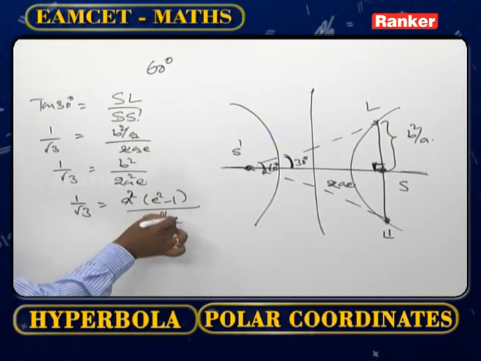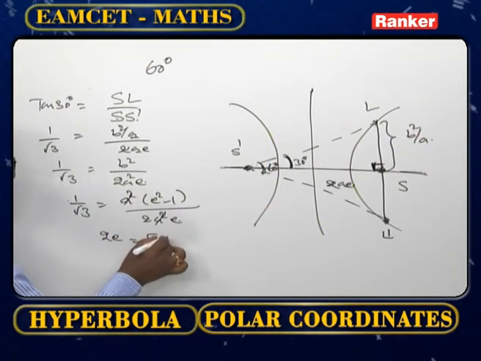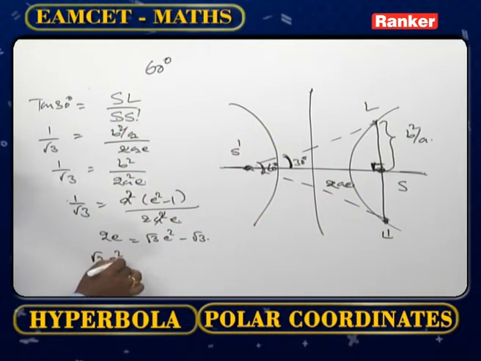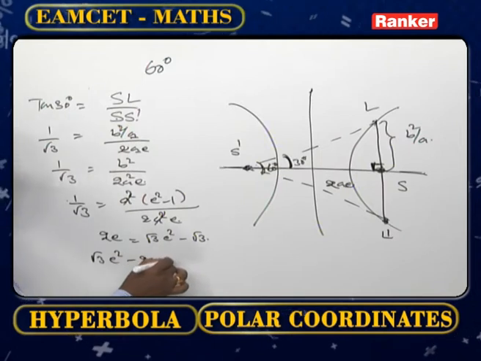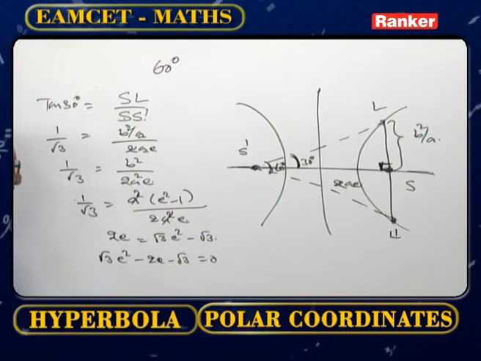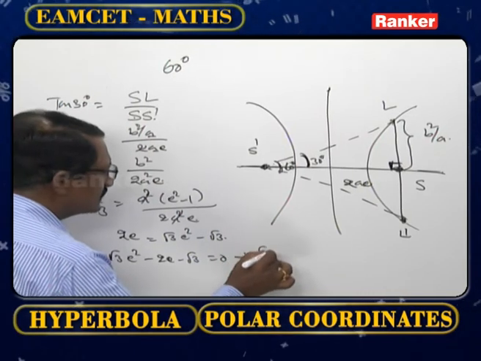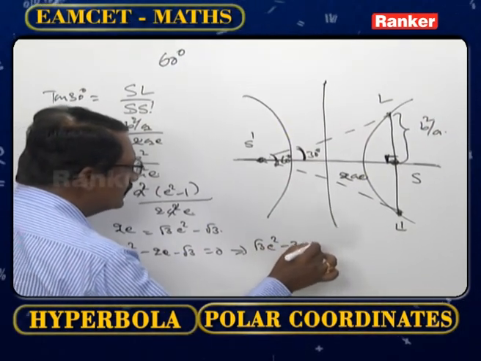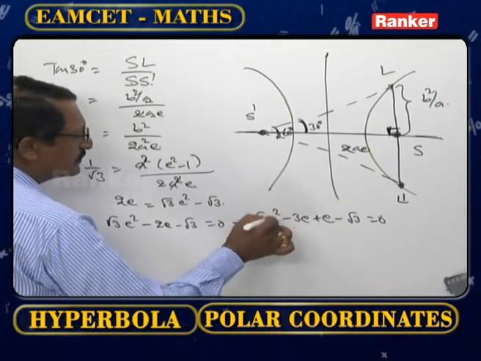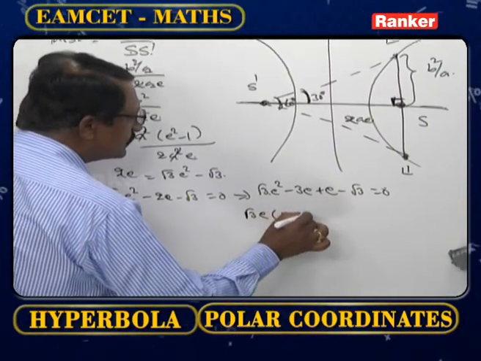Now, a square cancels, by cross multiplication we get 2e equals root 3 e square minus root 3, or root 3 e square minus 2e minus root 3 equals 0. Now, by factorization we get root 3 e square minus 3e plus e minus root 3 equals 0. In the first two terms root 3 e common, e minus root 3.